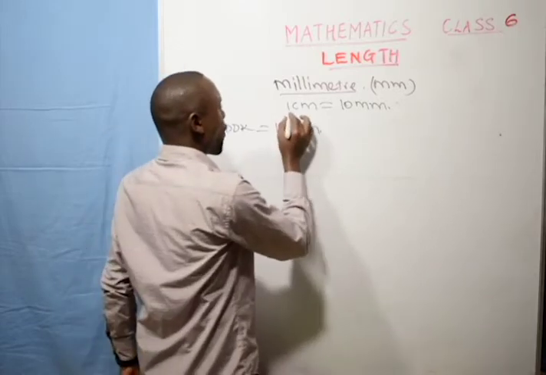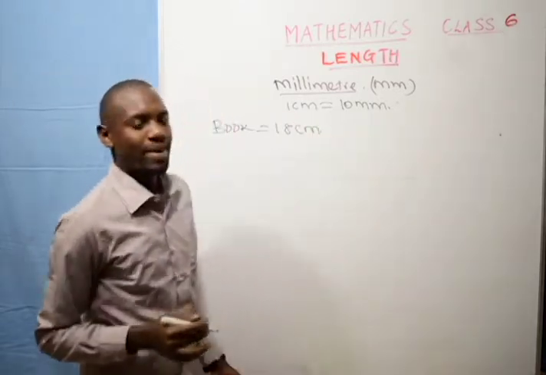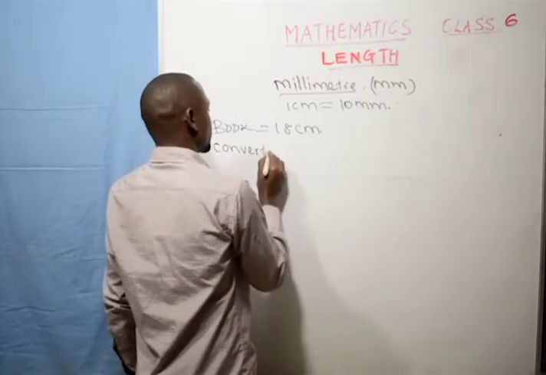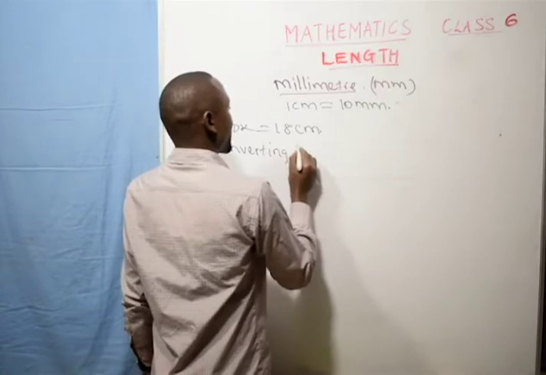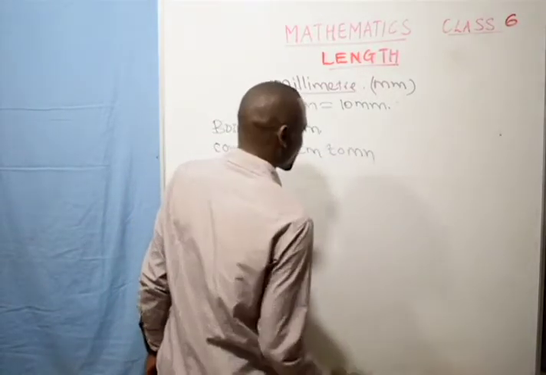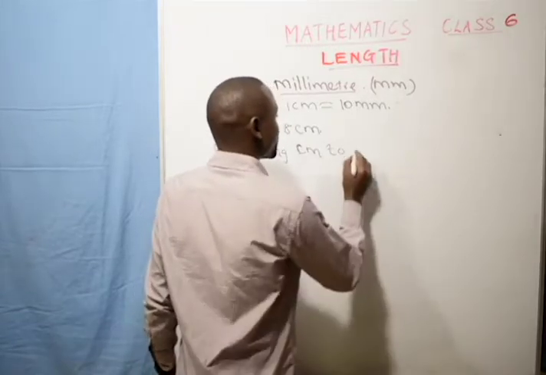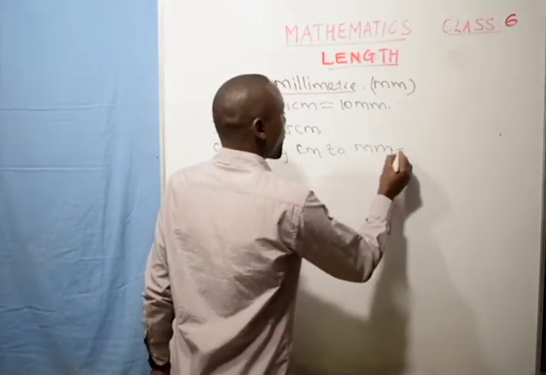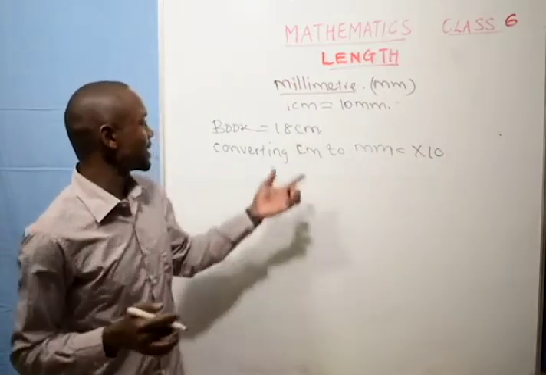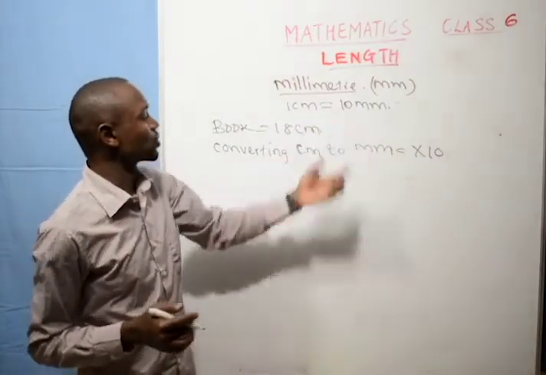We say that 1 centimeter is equivalent to 10 millimeters. So when converting centimeters to millimeters, we multiply by 10, because 10 millimeters equals 1 centimeter.